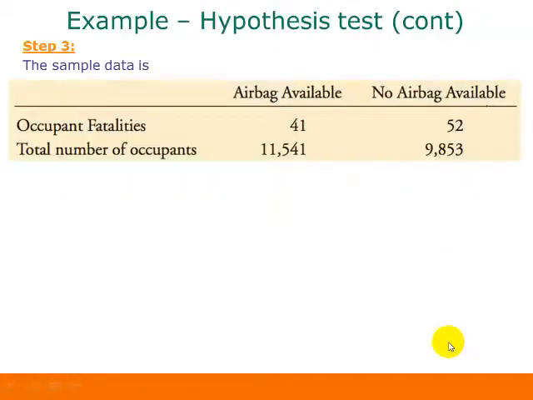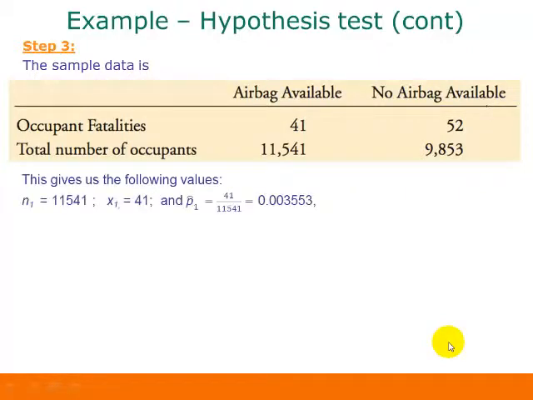So for step 3, we're going to take our sample data from the table, and this gives us the following values for our first sample. Our sample size is 11,541. Our number of successes, which we're counting as fatalities, is 41. So our sample proportion for that first sample is 41 over 11,541.